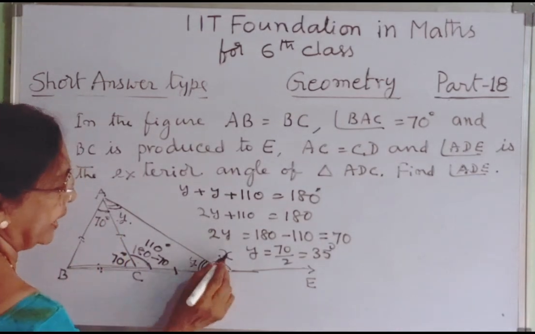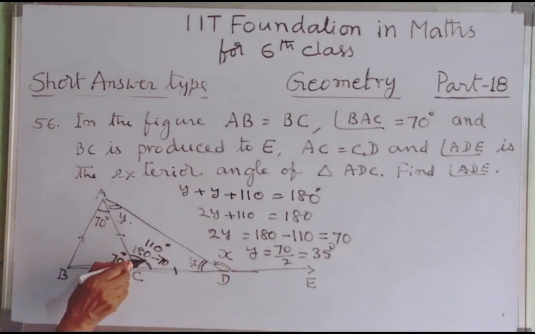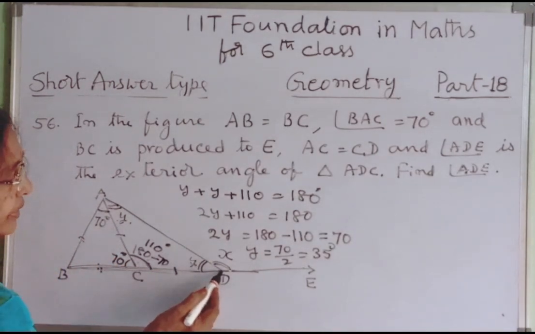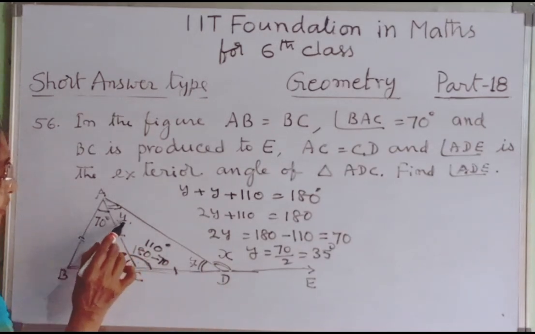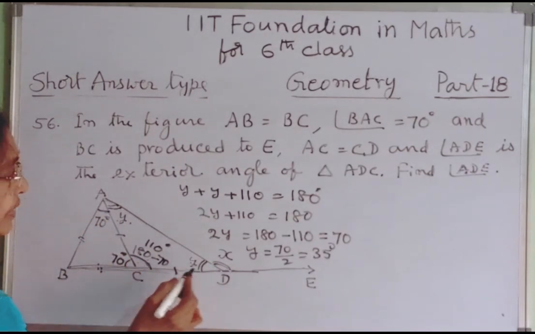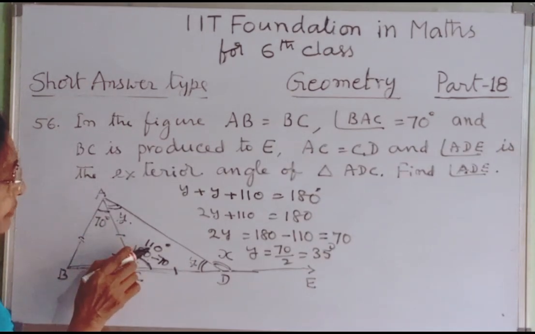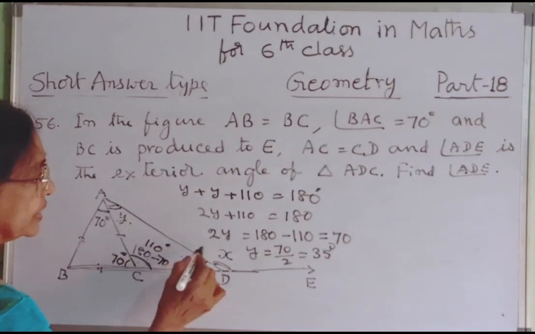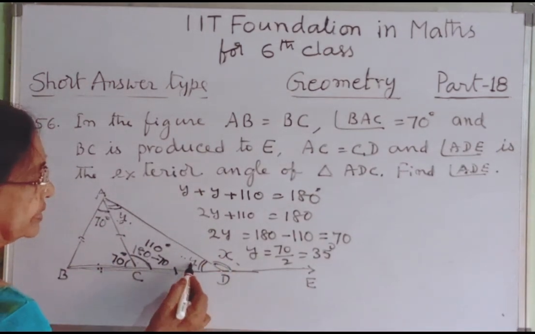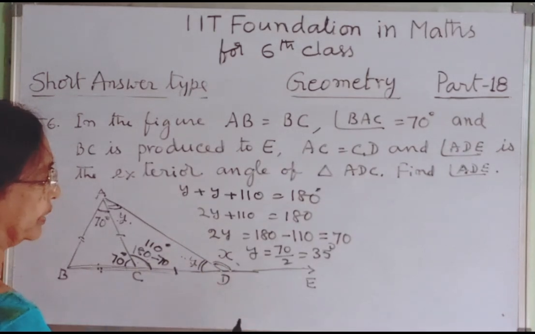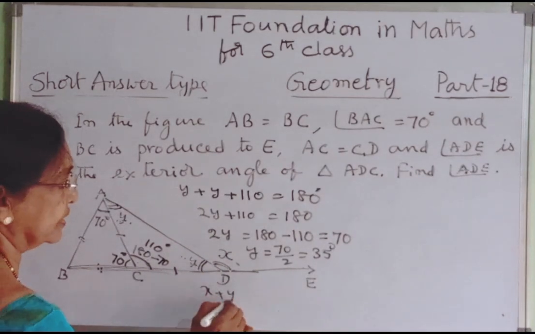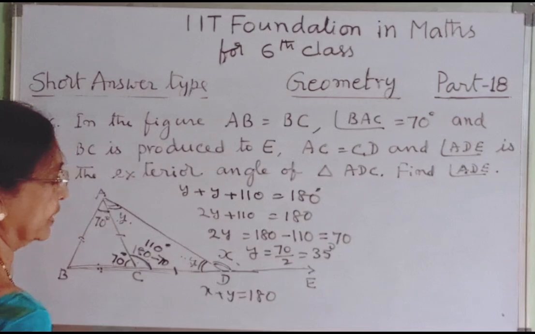Therefore, this angle x is equal to the sum of the interior angles. The exterior angle at a point in a triangle is equal to the sum of the other two interior angles. Or, this angle x and y are a linear pair. Therefore, x plus y is equal to 180 degrees.